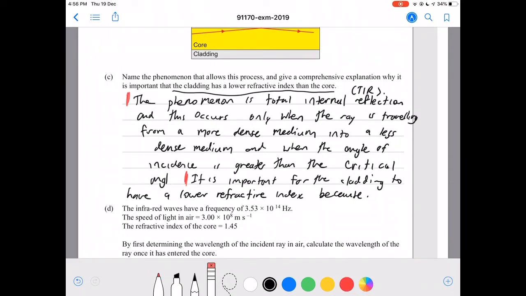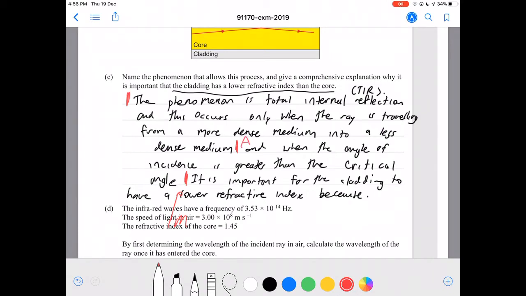So if you get all the way up to here, then it will be merit. To get an achieved, perhaps up to here will just be an achieved.